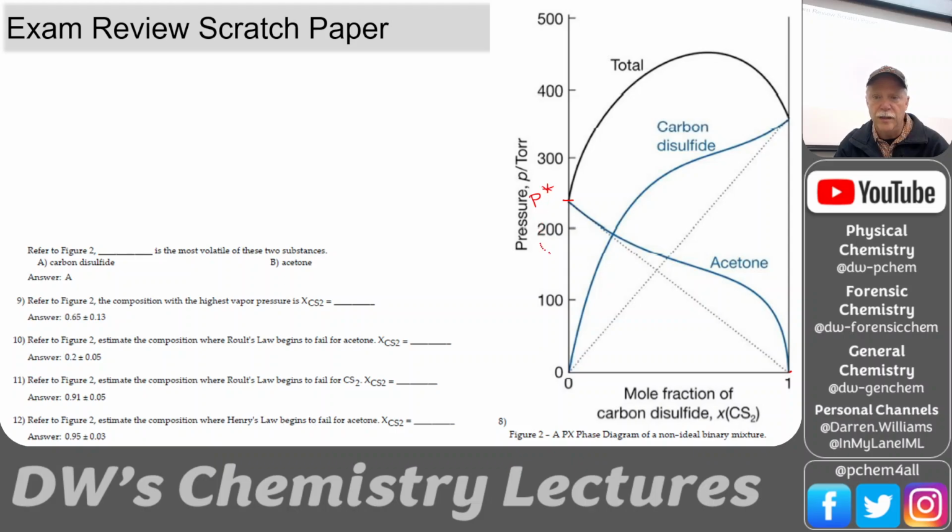In this case, this is carbon disulfide and acetone. So this is P star for acetone, and over here is P star for CS2, carbon disulfide. Those lines that connect the pure vapor pressure to zero, that's Raoult's law.